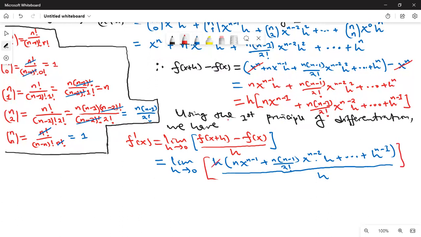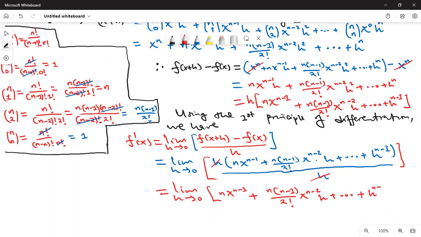And look at this, h will cancel with this. So it's like we have this limit as h approaches 0 of n x raised to n minus 1 plus n times n minus 1 over 2 factorial x raised to n minus 2 times h, plus so many other higher powers of h, plus the last one h raised to n minus 1.